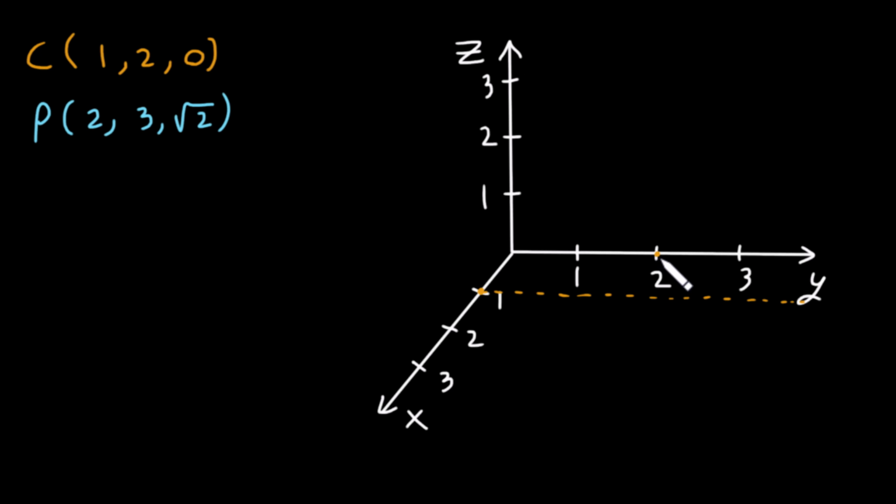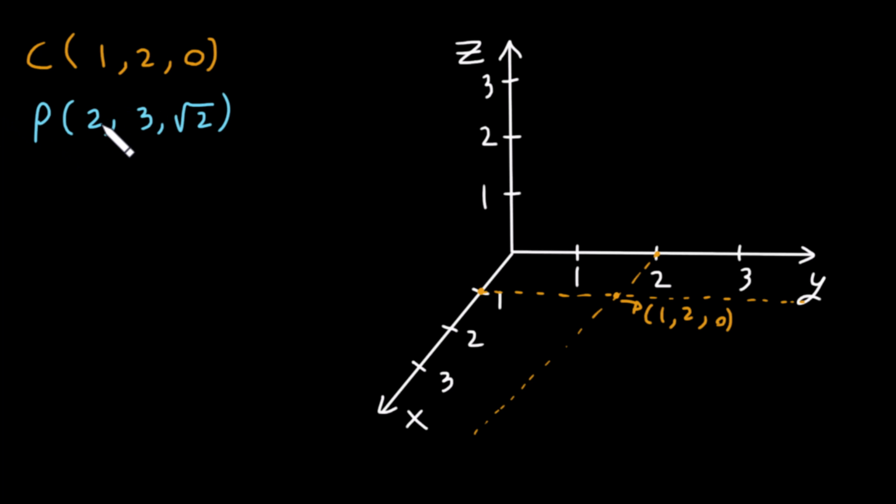And from this point, we have to draw a dashed line parallel to x-axis. So like this. They intersect here. This point is (1, 2, 0). We don't need to go up or down because here it's already 0.